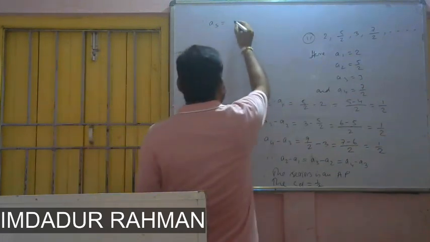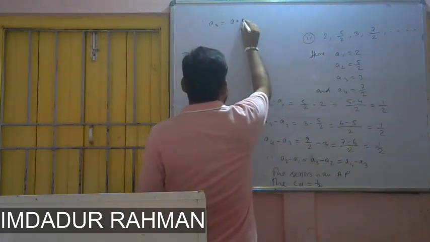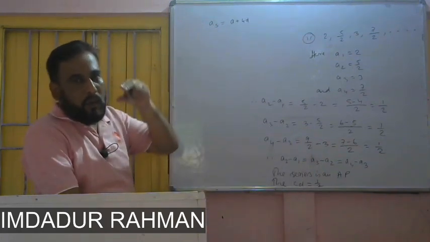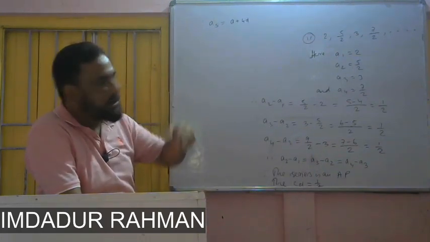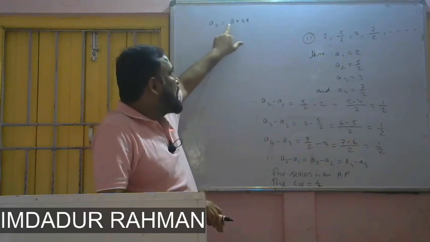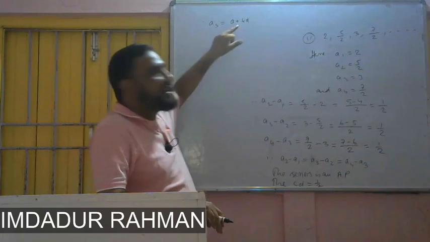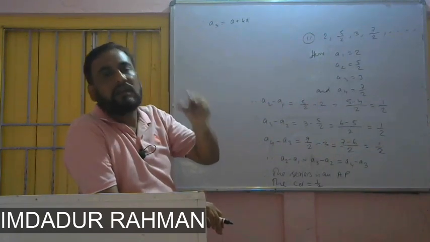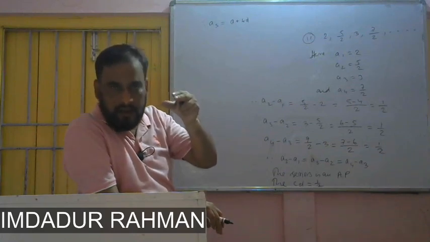So the 5th term is A plus 4D. Simple formula: whatever the term number, minus 1, times D. For the 5th term, we write A plus 4D. If it is the 10th term, we write A plus 9D. If it is the 100th term, A plus 99D. Got it?